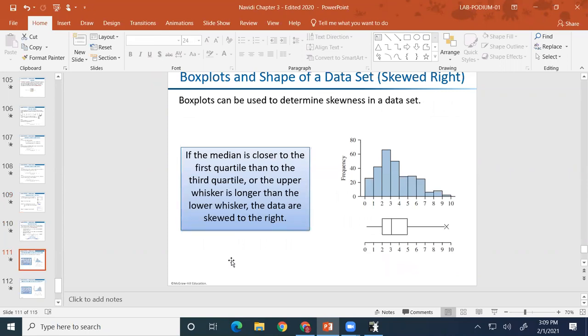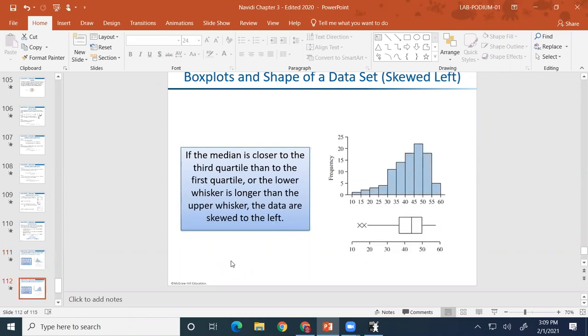So, just in general, we're almost finished here. If the median is pulled in that direction, there's a little bit of skewness on that side. That's what that means. That's skewed a little bit to the positive side, or to the right.